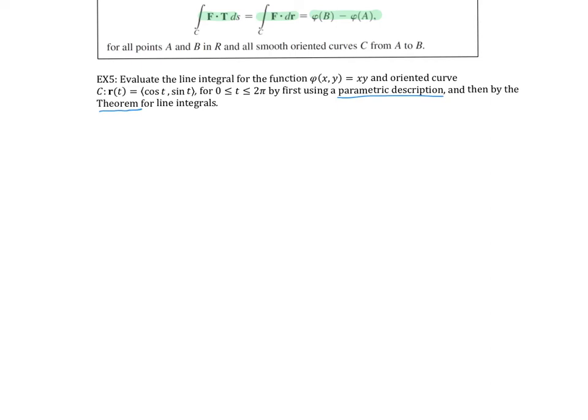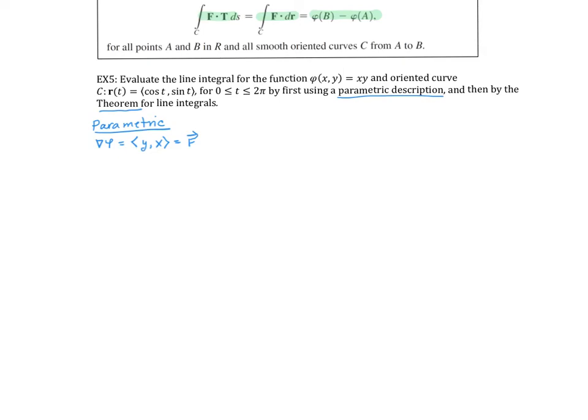Okay, so let's first look at doing this the way we did before by looking at a parametric equation. I have my function phi, and I know that it's a potential function. So when I compute its gradient vector field, the partial with respect to x is just y, and the partial with respect to y is x. I know that's going to be equal to some vector field f. So that's what I'm going to put in my integral.